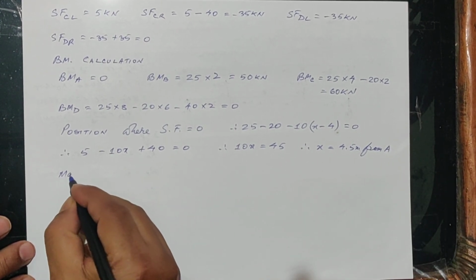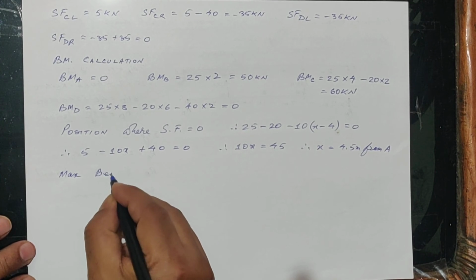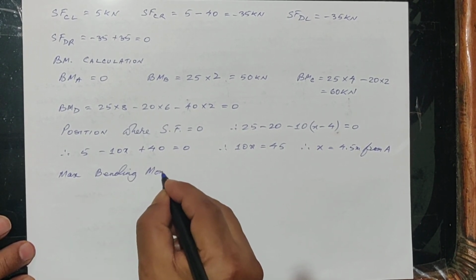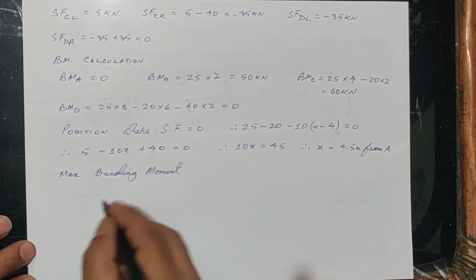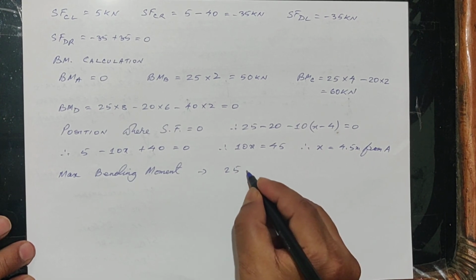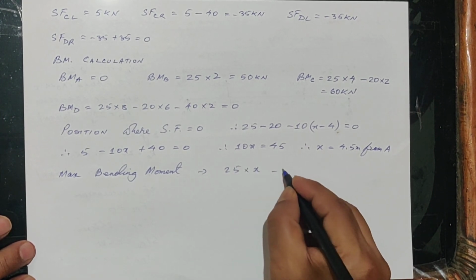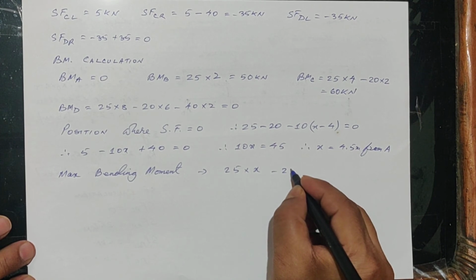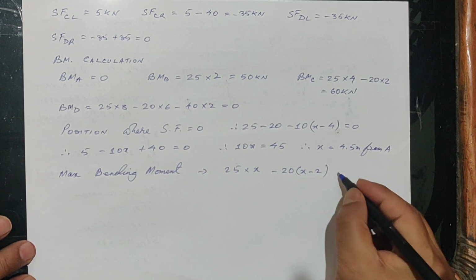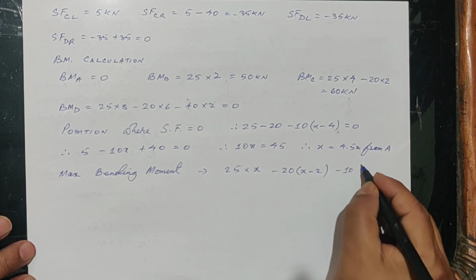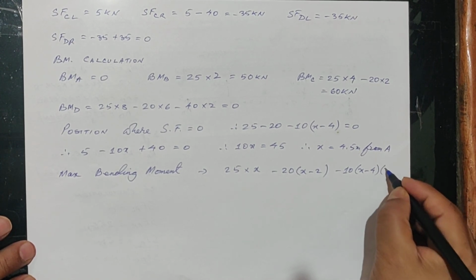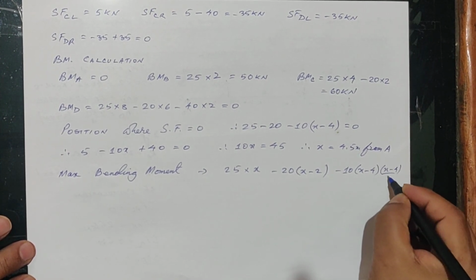Now maximum bending moment. For this, 25 multiplied by x minus 20 multiplied by x minus 2 minus 10 into x minus 4, and this will be acting at x minus 4 by 2.